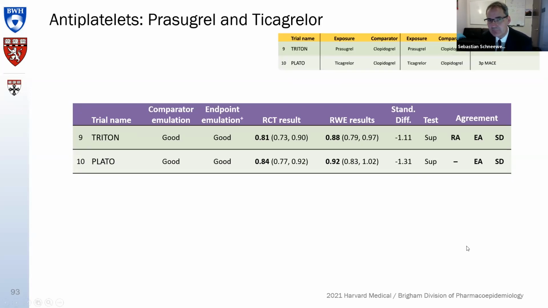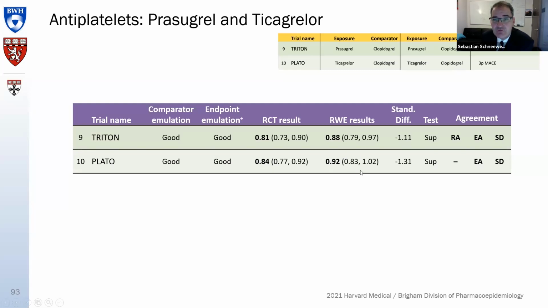The antiplatelets, prasugrel and ticagrelor, TRITON and PLATO. We were quite happy with the emulation. The RCT findings 0.81, 0.88. We have success in all these three binary agreement statistics. The point estimate is slightly attenuated towards the null. The PLATO equally attenuated towards the null.